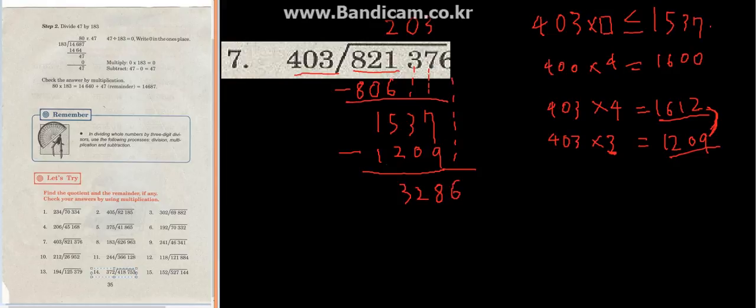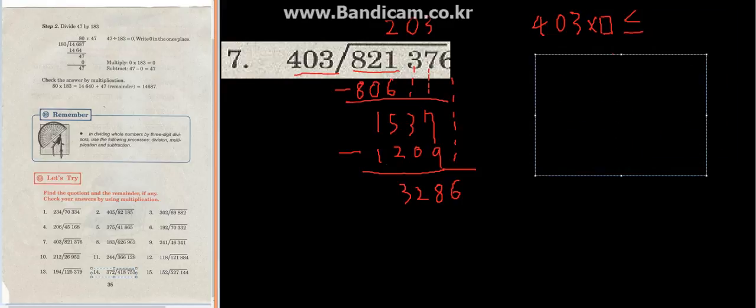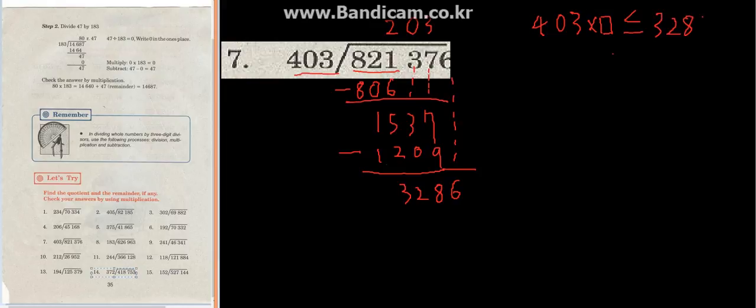Now this time we face a new challenge: to find a number in the box that, multiplied with 403, is smaller than but very close or equal to 3286. So let's see.